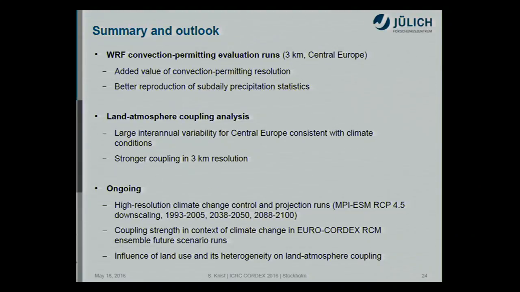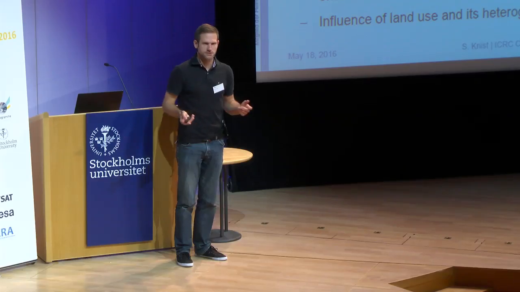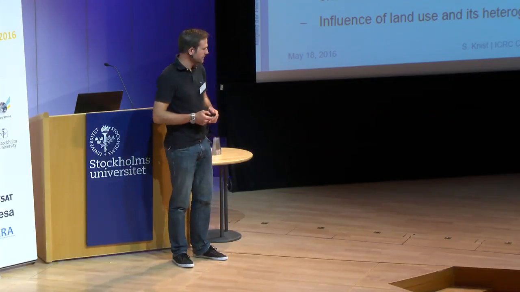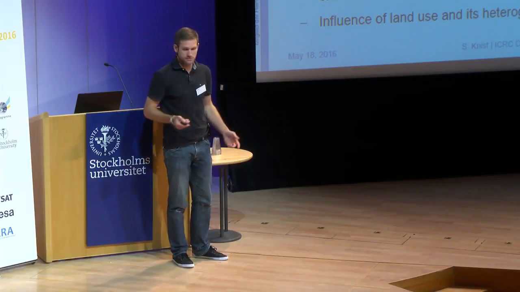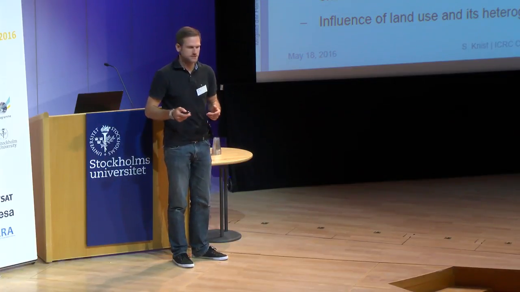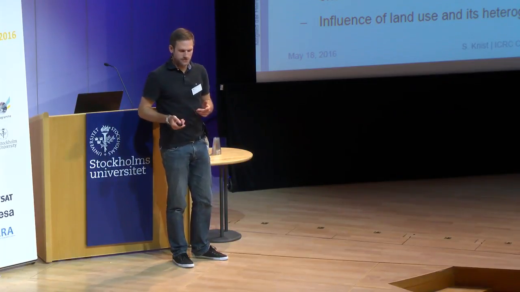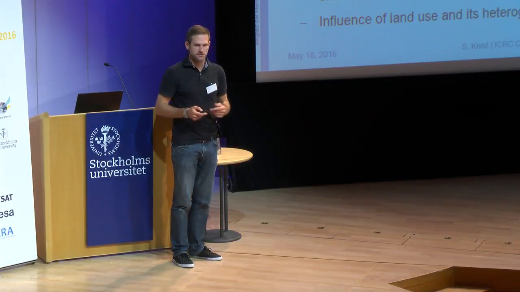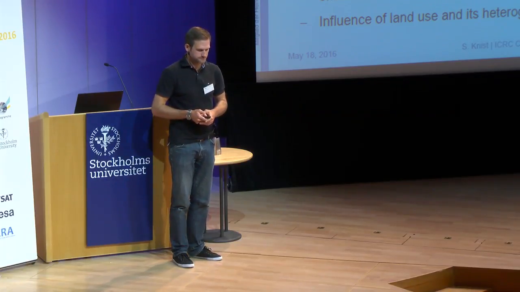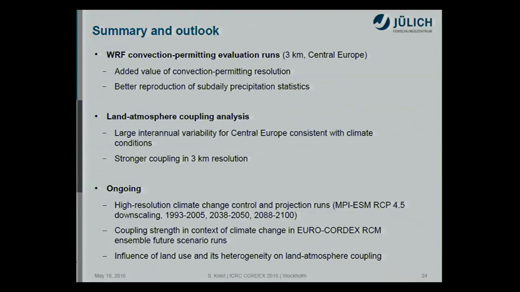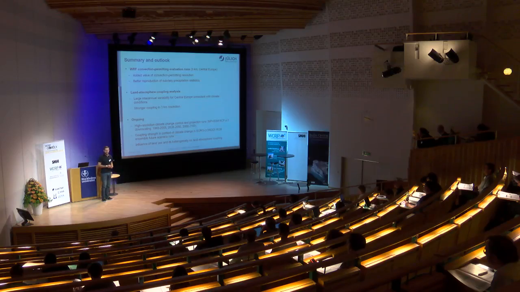And the land-atmosphere coupling analysis shows a large interannual variability in terms of coupling strengths for Middle Europe, which showed a slightly stronger coupling signal in the 3-kilometer resolution. And as I said, what is currently ongoing is further investigation of the coupling process, also related to the resolution effect. Thanks for your attention.